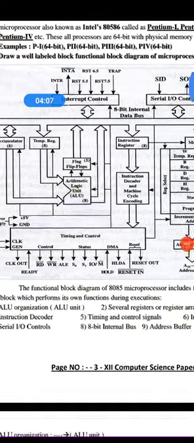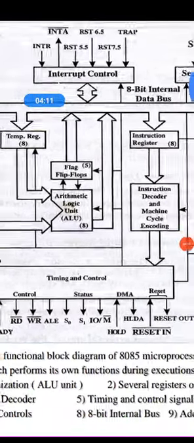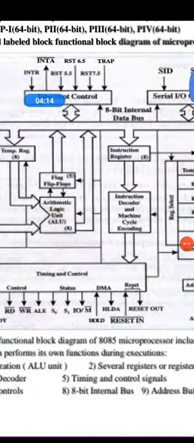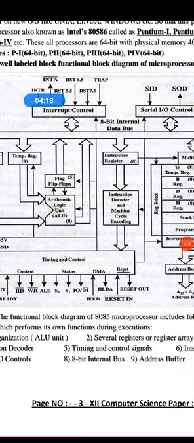You see here above the arithmetic logic unit there are flag flip-flops. We will see the flag register in detail afterwards, because a 3 marks question is carried on this topic. Very important topic. So in the next lecture we are concentrating on the flag register.